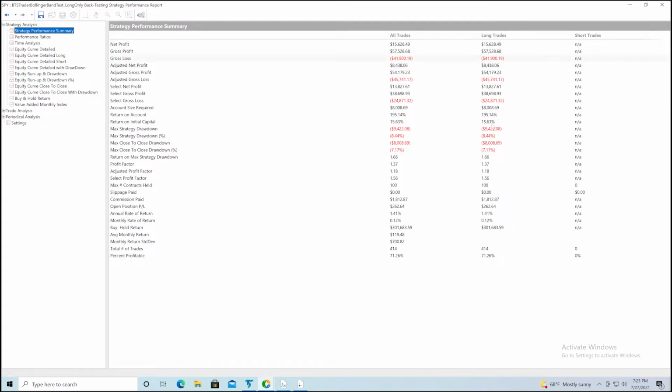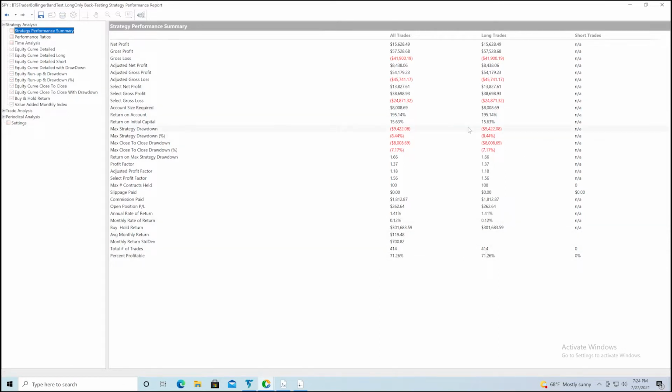Once again, this is about 10 years' worth of data. This strategy goes only long because going short in the SPY is very difficult. It produced 15,000 in net profit. 71% of the trades were profitable, with a total number of 414 trades.